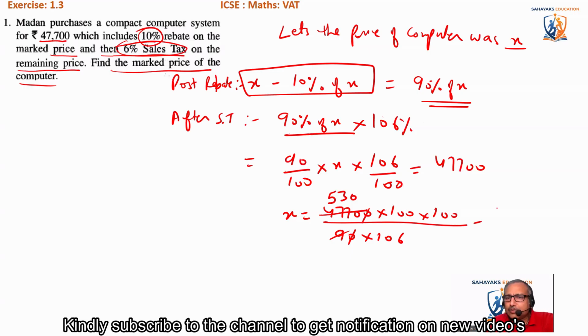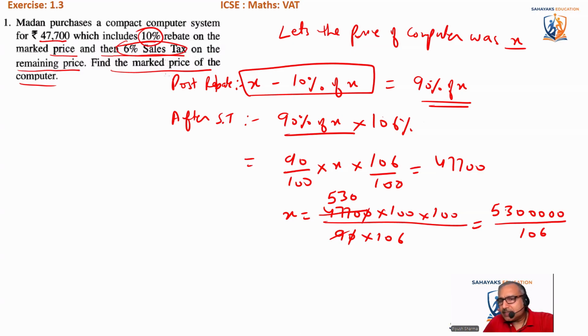And so this value comes out to be 530,0000 divided by 106. So this will cancel out. 53 twos are 106, so if I cut this entire thing with 53, 53 ones are 53. So it is 1, 2, 3, 4, 5, and the price of the computer was 50,000. The mark price of the computer was 50,000.